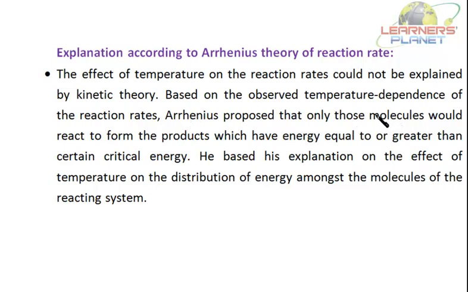Now, based on the observed temperature dependence of the reaction rates, Arrhenius proposed that only those molecules would react to form products which have energy equal to or greater than a certain critical energy. That is, which have energy equal to or greater than the threshold energy. He based his explanation on the effect of temperature on the distribution of energy amongst the molecules of the reacting system. Say the molecules of gases are there, at some temperature, say 35 degrees centigrade. Now to these molecules, energy is provided.